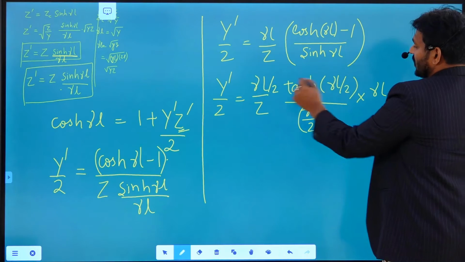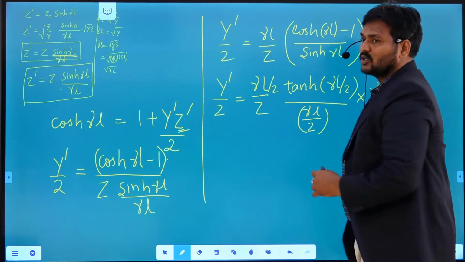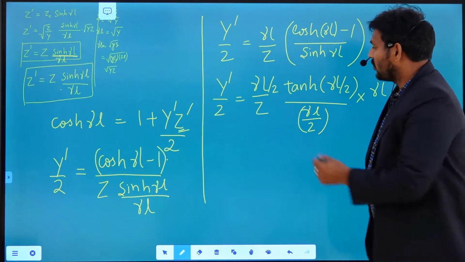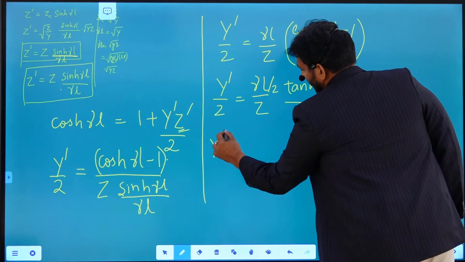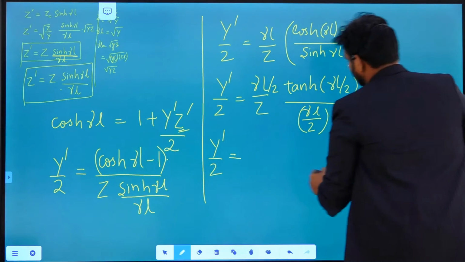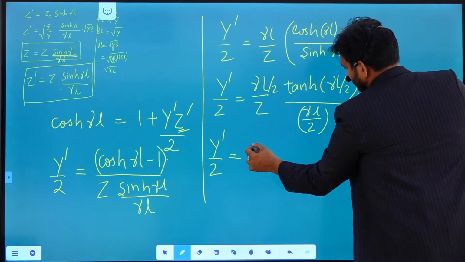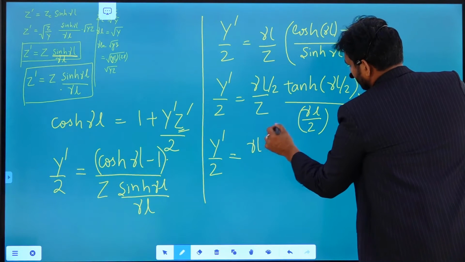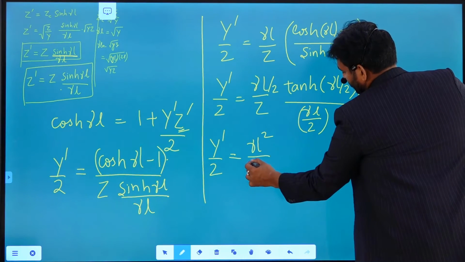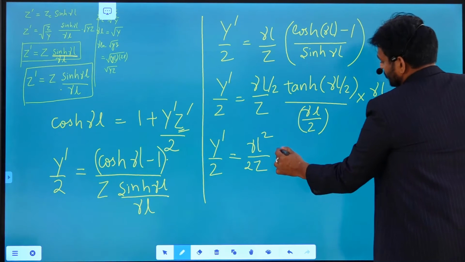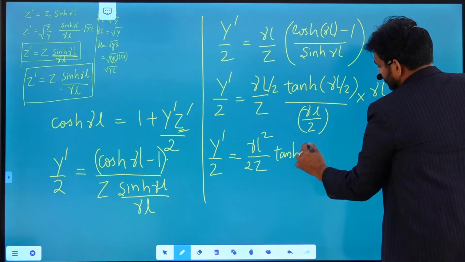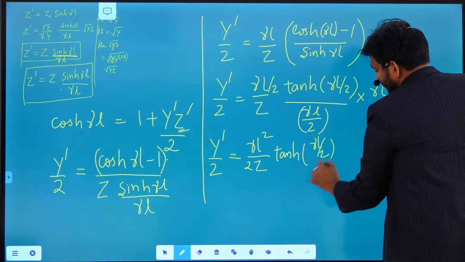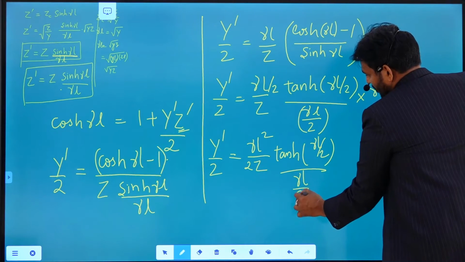So here gamma L into gamma L is gamma L whole square. What is gamma L whole square? Y into Z. Therefore Y dash by 2 is equal to, gamma L by 2 is here. So you will have gamma L whole square by 2 into Z into tanh of gamma L by 2 upon gamma L by 2.